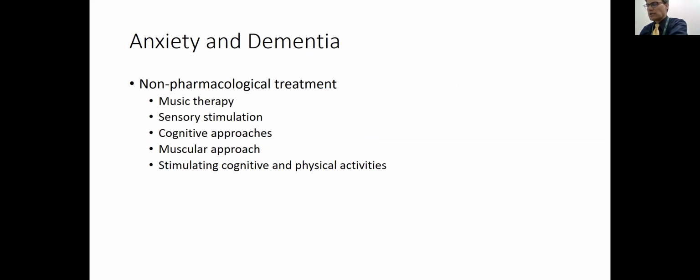They haven't tried as much non-pharmacologic treatment for people with anxiety disorder as they did with depression. You saw how many different trials there were with different approaches, and anxiety has a little bit less. I find sensory stimulation interesting because people with anxiety tend to have a much more difficult time with sensory stimulation, but they still tried it.